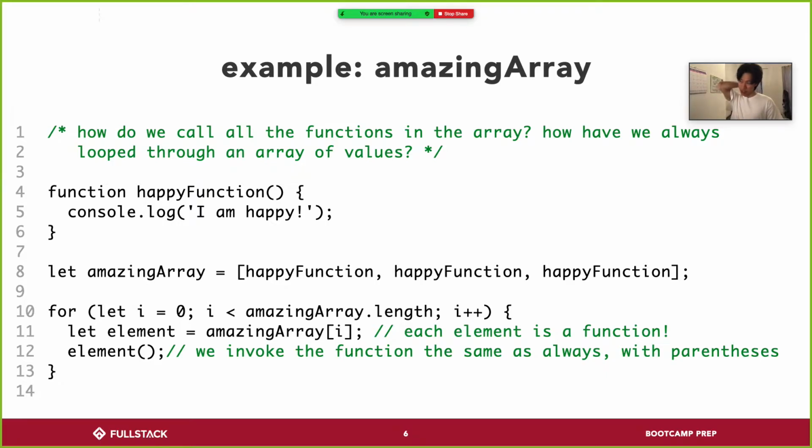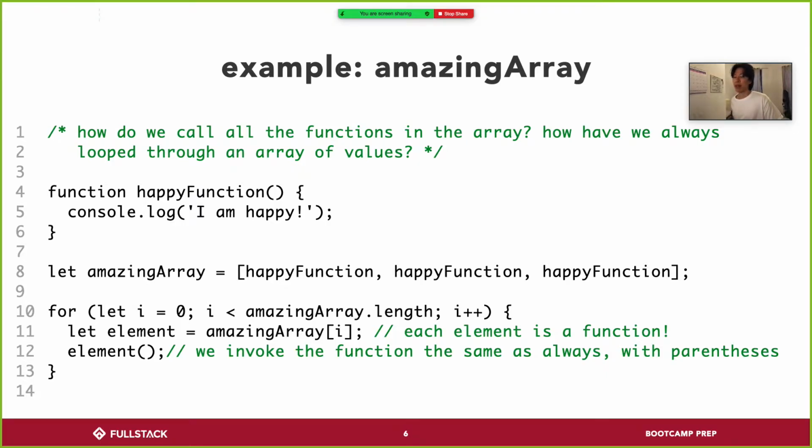Does anybody want to guess what this will output to the console when we run this loop? Basically, I think it would be happy function all the way. It would be I am happy, I am happy, I am happy. Yeah.